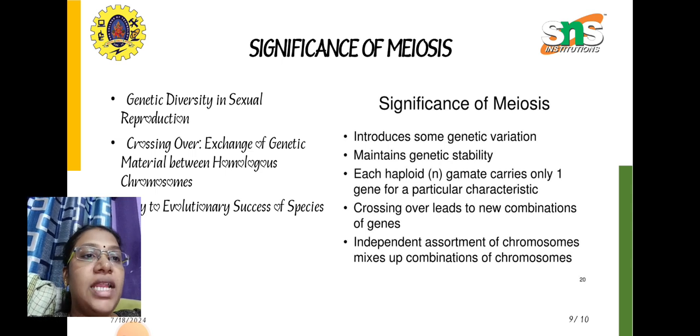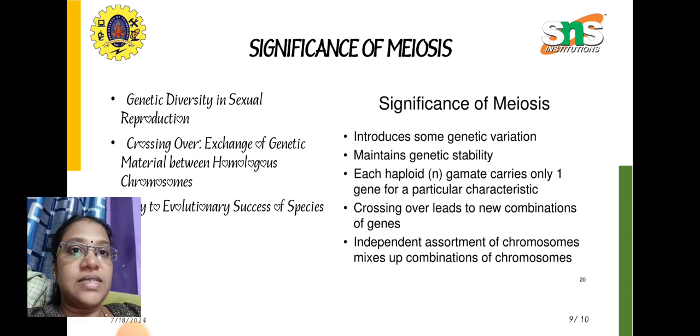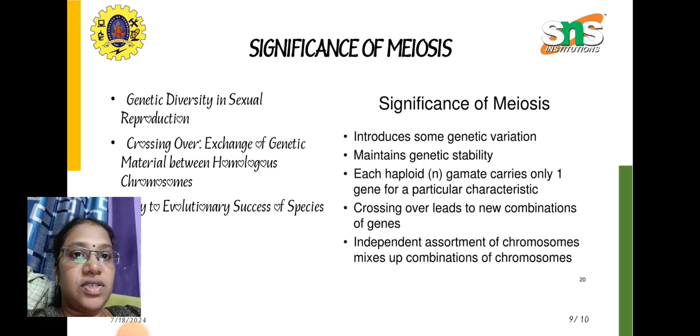Independent assortment of chromosomes mixes up combinations of chromosomes, and also contributes to the evolutionary success of species. Due to crossing over, the exchange of genetic material between homologous chromosomes occurs, and genetic diversity in sexual reproduction occurs in the process of meiosis only.